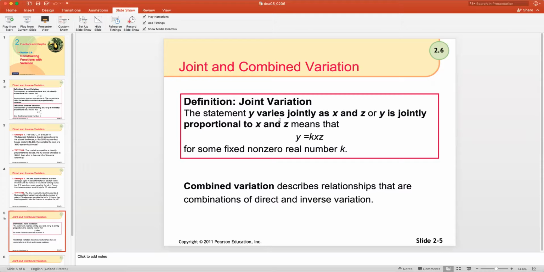If one of the variables varies jointly as the other 2 variables x and z, that is called joint variation, and mathematically we can express it like this: y is equal to k times x times z. Combined variation is the direct variation and inverse variation, 2 variations coupled. Then we say that is combined variation.